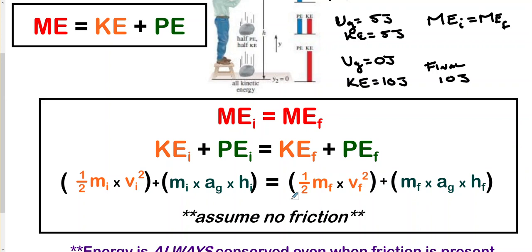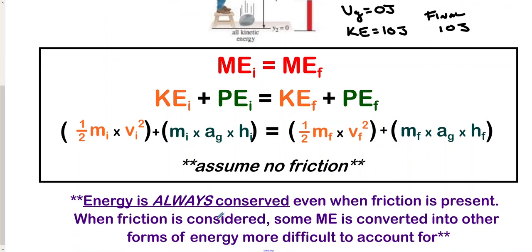So as a result, when we talk about mechanical energy, we talk about what are called ideal systems. And in an ideal system, there is no friction. So in reality, energy is always conserved. When we consider friction, mechanical energy is converted into other forms that would be more difficult for us to account for. So we're always going to have to assume no friction or no air resistance.